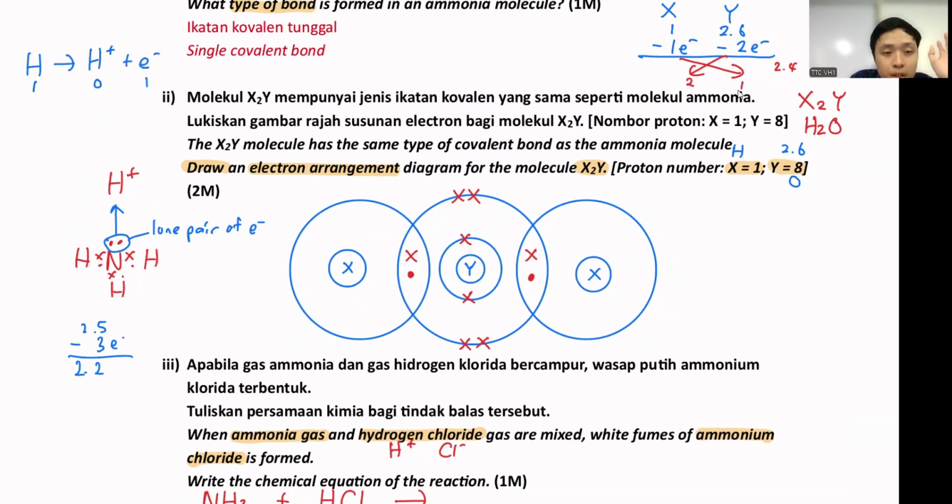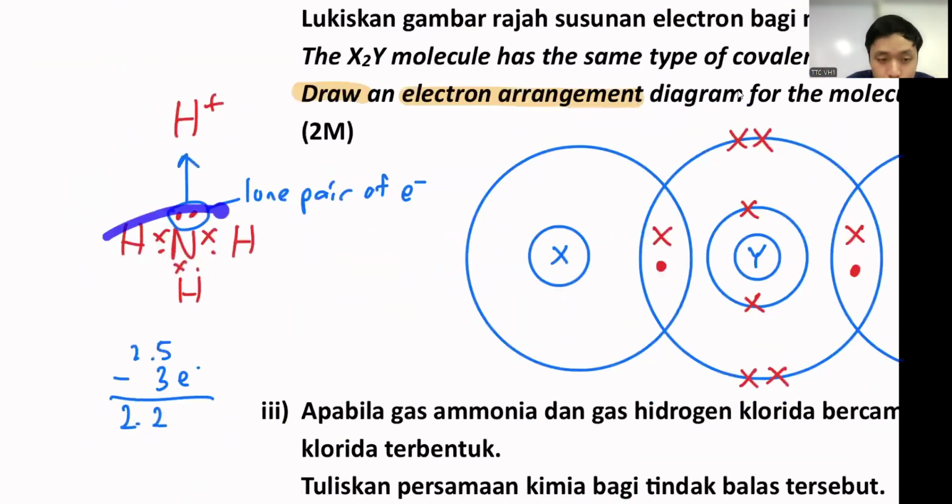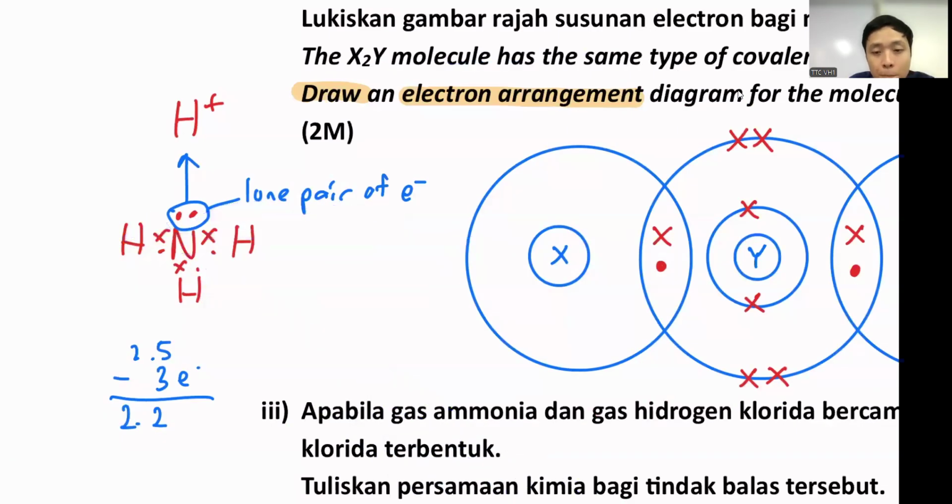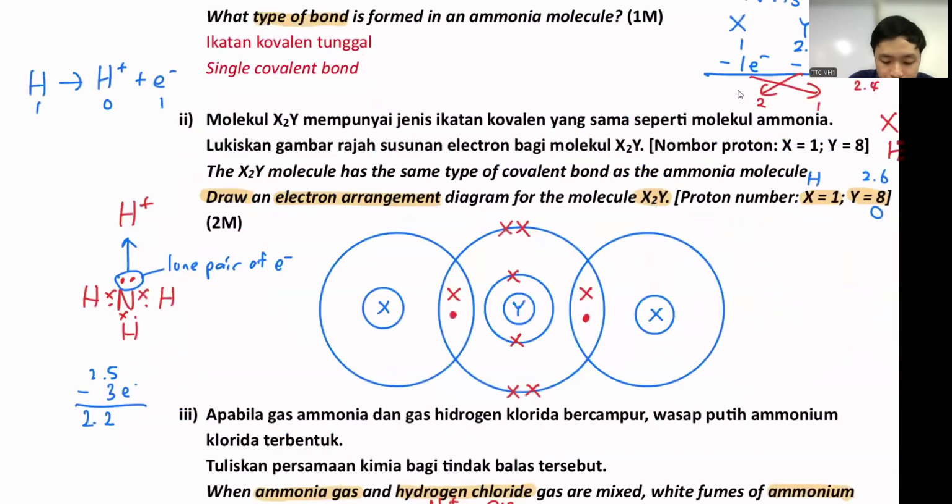So this guy is poor, so this guy unable to share electron to N. But normal covalent bond, right, like just now, N will contribute electron to share to H. H will also contribute electron to share to N. But in this case, the H plus unable to do so. The contribution for sharing only comes from one atom, which is nitrogen.